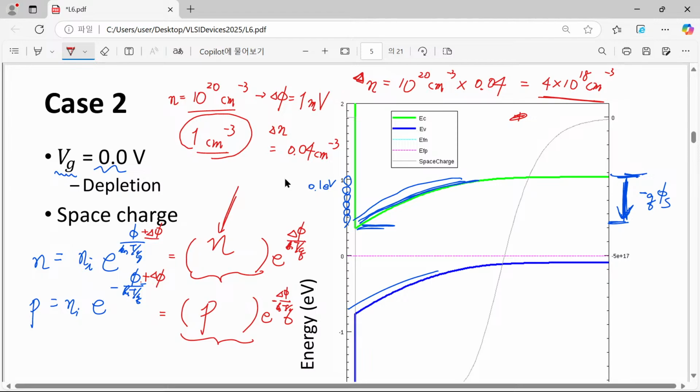Why do we have such a difference? Because in the first case we have already a lot of electrons, and in the second case we have almost no electrons. So although the potential has changed the same amount, 1 millivolt, depending on the case you have different numbers. So let's say another case.